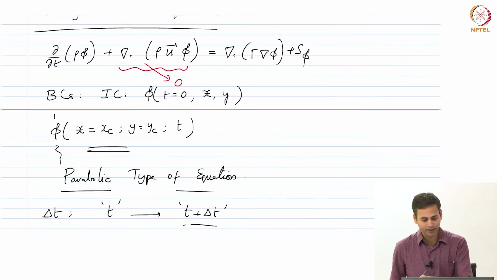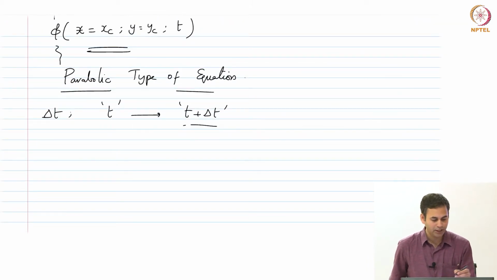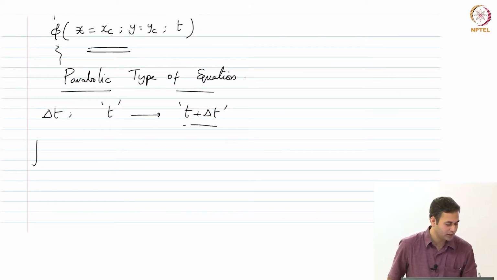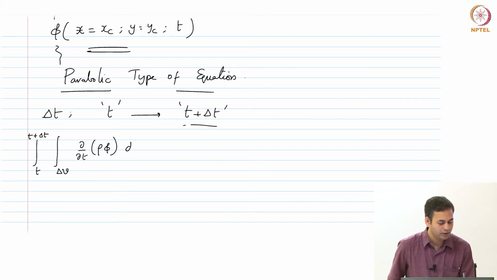So, that means if I take the governing equation, which is this equation, okay, and integrate both with time as well as space, then what we have is integral t to t plus delta t, and integral on the control volume. The first term is partial t rho phi dV dt, right? That is our unsteady term.